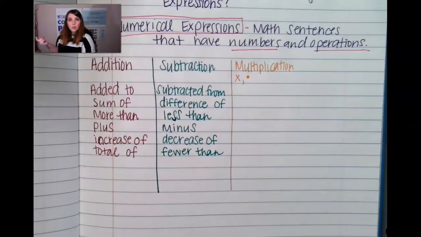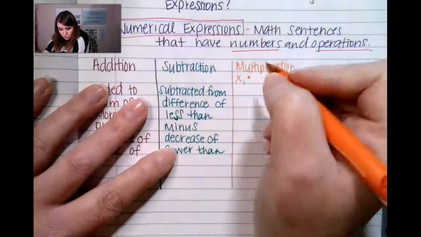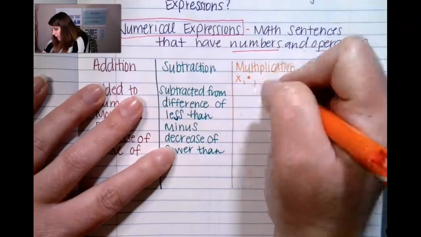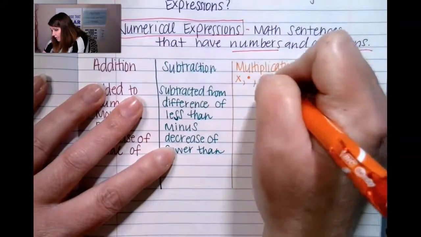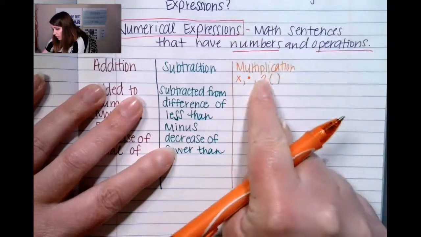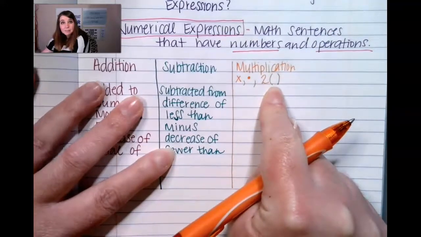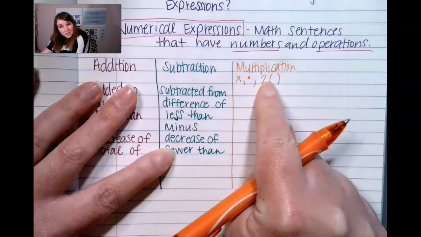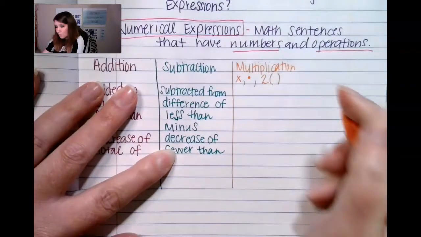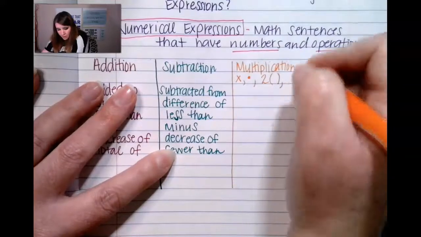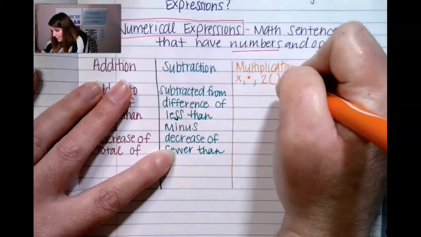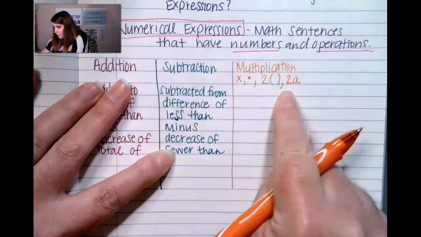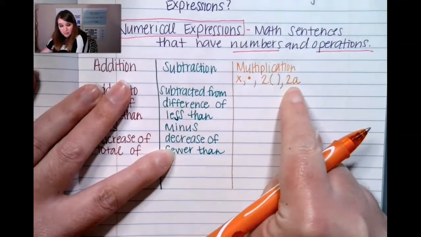Also, parentheses, we can use parentheses now. So sometimes you will see parentheses that look like this. So you'll have like a number stuck to parentheses. That means to multiply. Even though there's nothing in between, it means you need to multiply. And like we've been seeing yesterday, you have a number stuck to a letter.